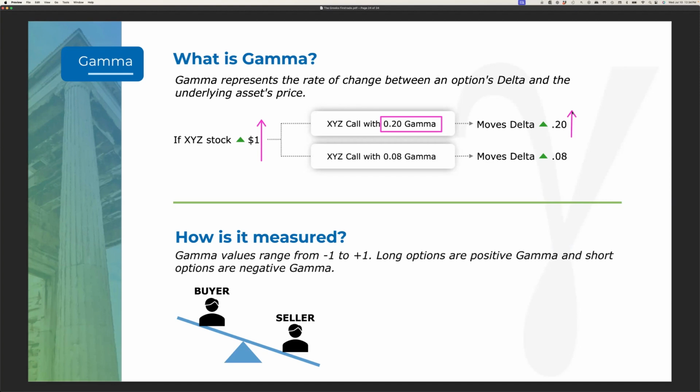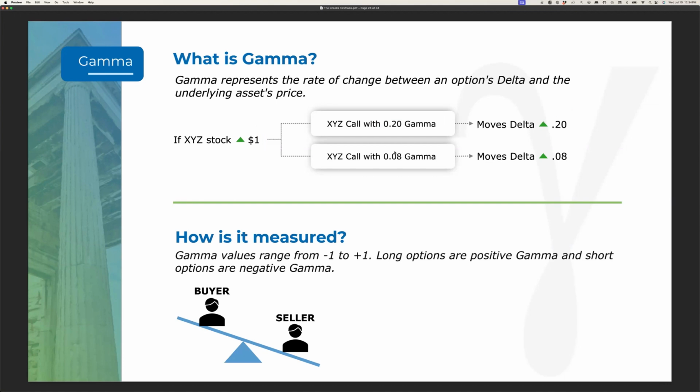Let's say currently you have a delta of 0.5, and the stock moves up by $1. Once it moves up by $1, you're no longer going to still have a delta of 0.5. You're now actually going to have a delta of 0.7. So what that means is that if it moves up by $1, let's say you make roughly 50 cents on that $1 move, the next dollar it moves up by, you're not going to make 50 cents, you're going to make 70 cents because delta has changed, right?